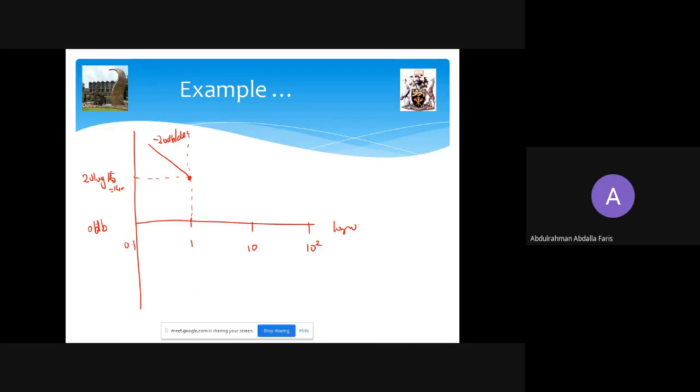So if this point is 14 at 1, at 0.1, which point is it? So that this line is actually minus 20. Which point, sorry? Someone?